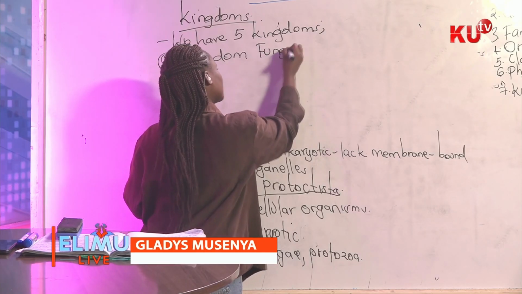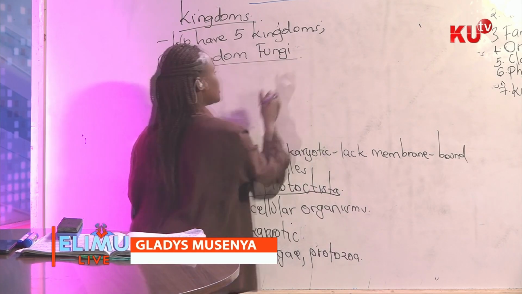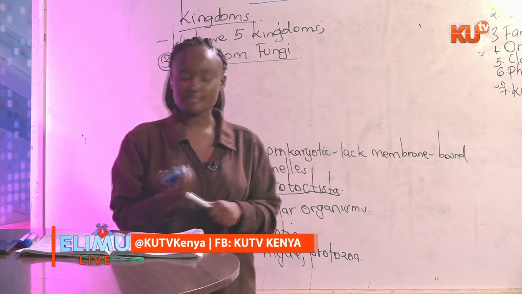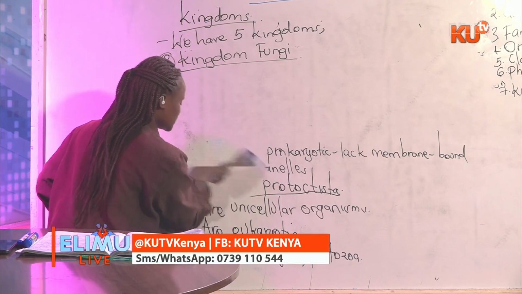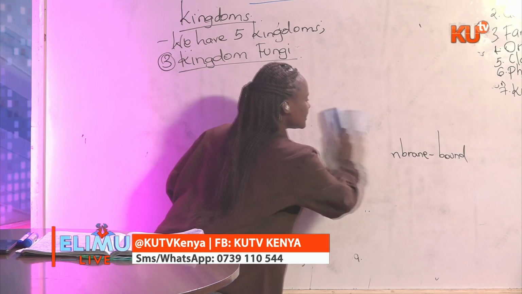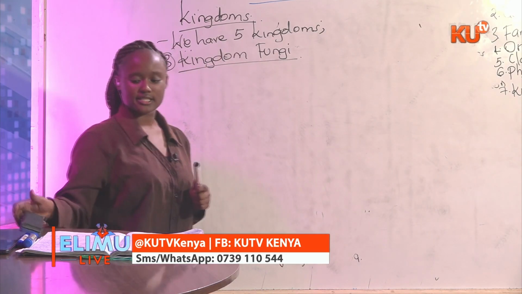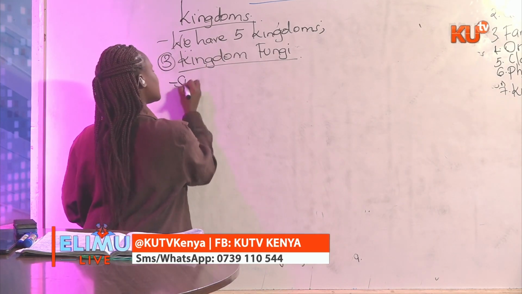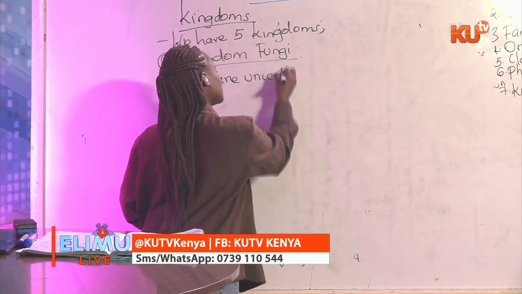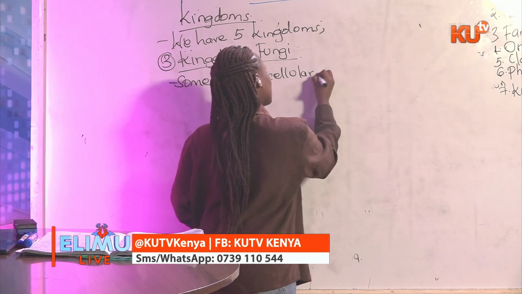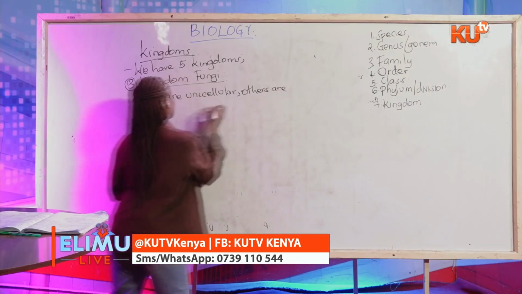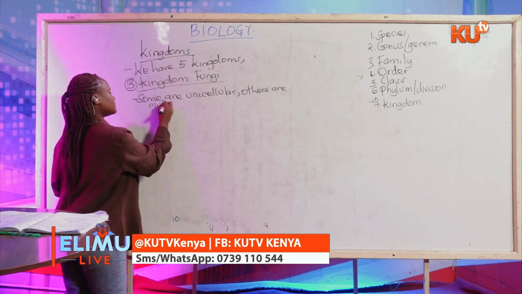So in kingdom fungi, some are unicellular and others are multicellular.